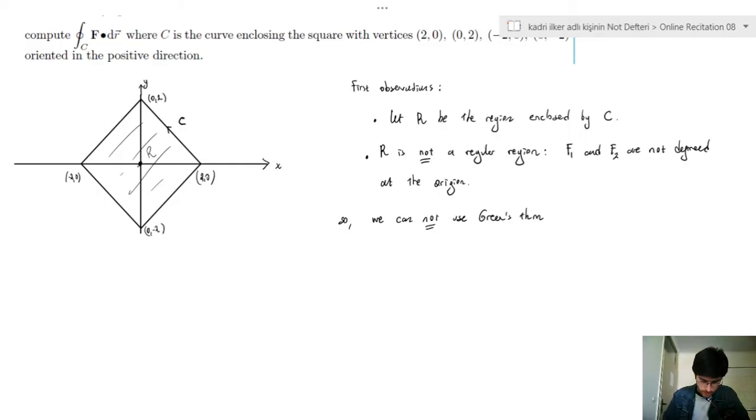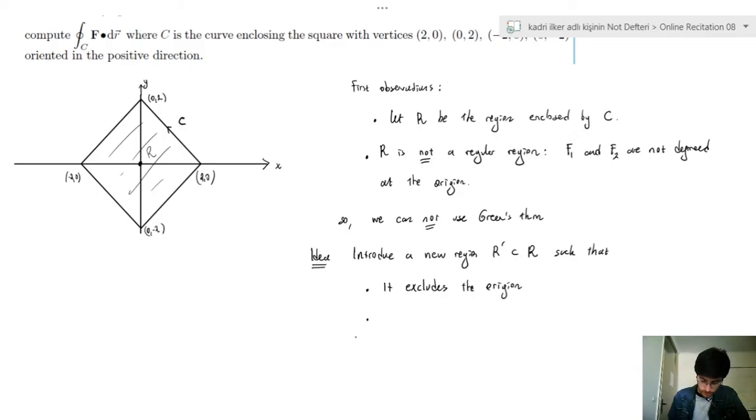So the idea is to introduce a new region, R prime, in R, such that the first property it must have is that it excludes the origin, because the origin is a problem in this case.